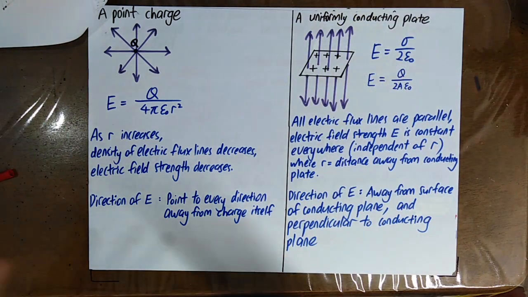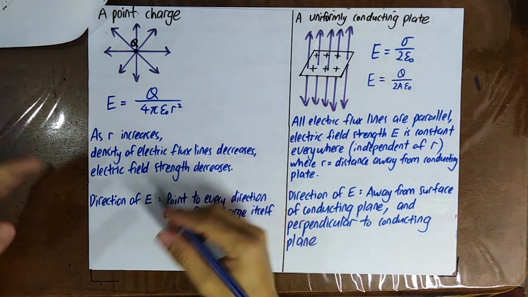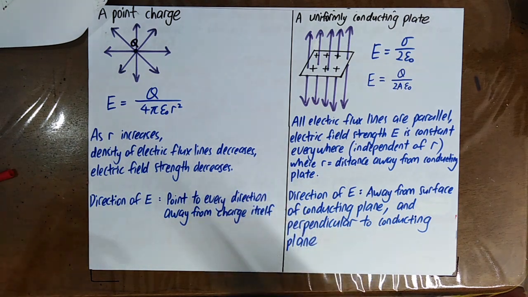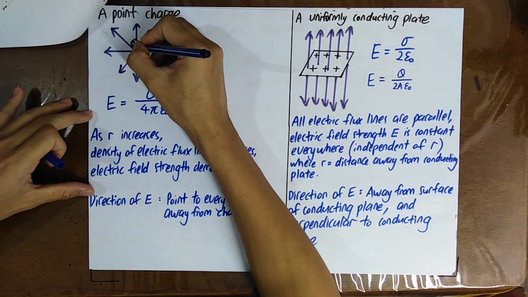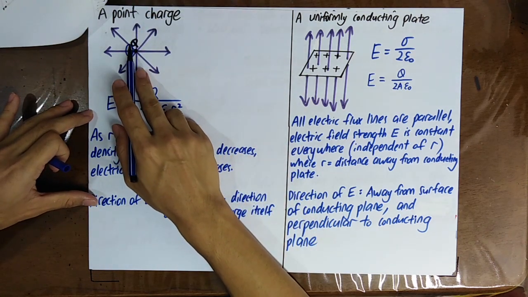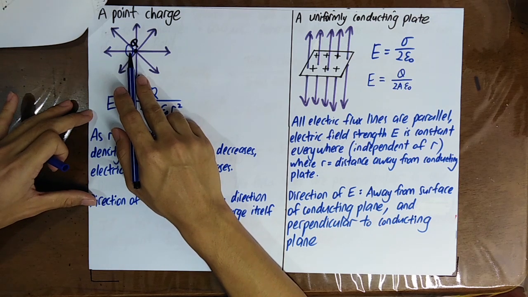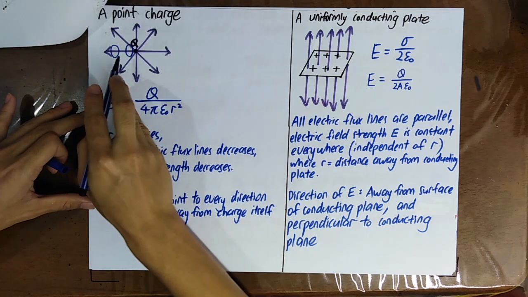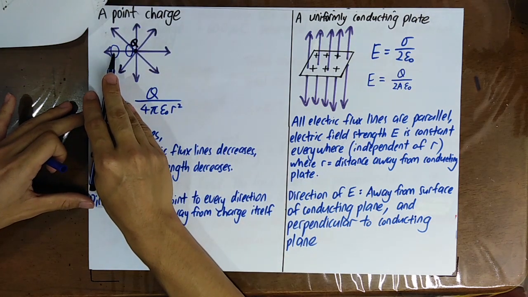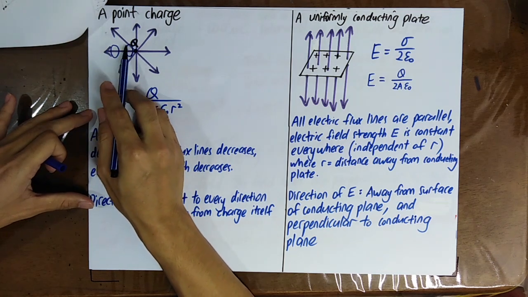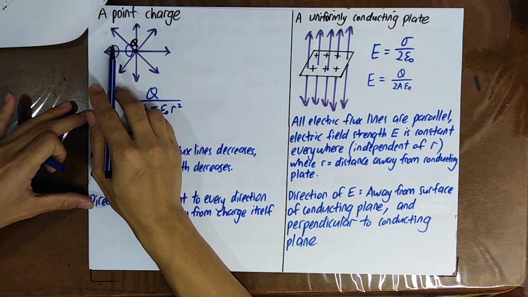In the last video, I also talked about how the electric field strength can be visualized by how many electric field lines are in a region. In this region, you have 1, 2, you have 2 electric field lines passing through this circle. And for this region, you have only 1 electric field line passing through. So you know that the electric field strength here is stronger than here.